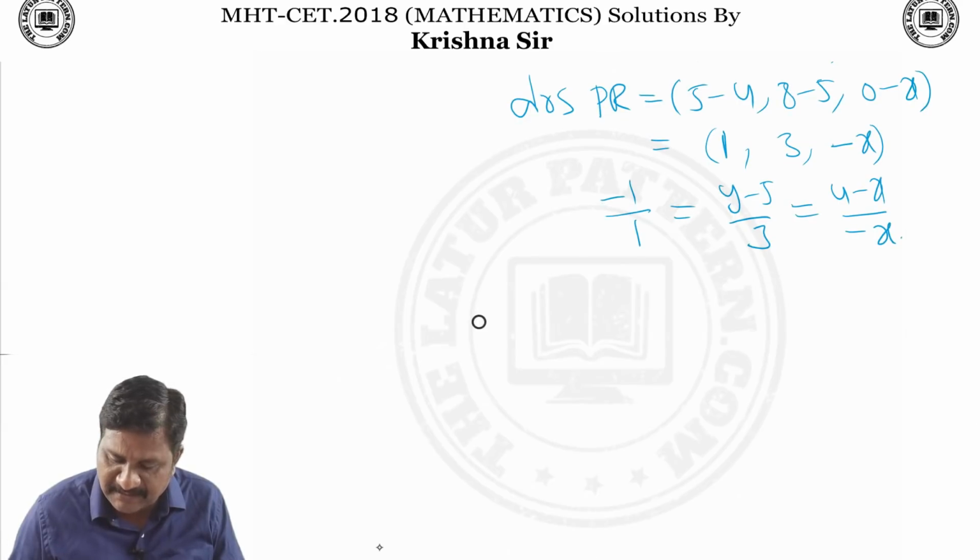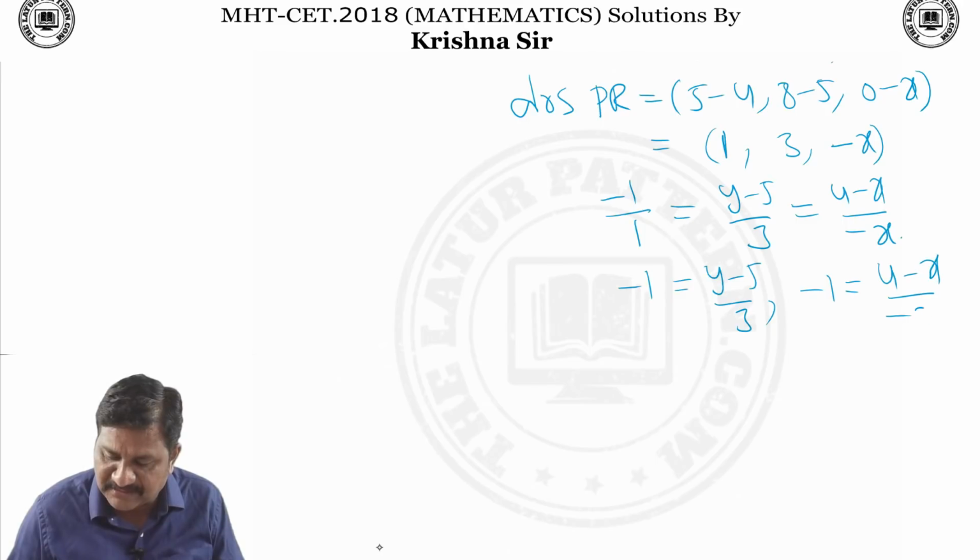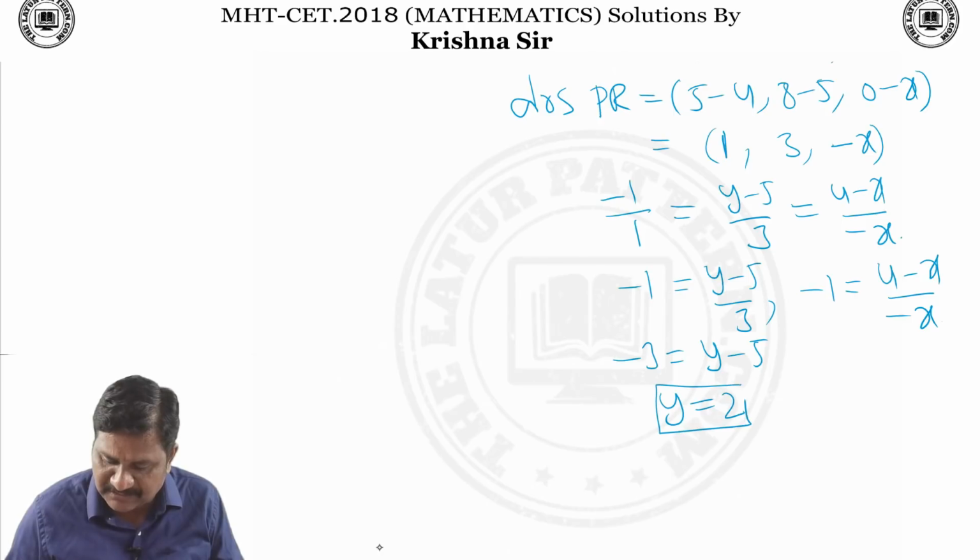Comparing these, minus 1 is equal to y minus 5 upon 3. Similarly, minus 1 is equal to 4 minus x upon minus x. Now minus 3 is equal to y minus 5, or y is equal to 5 minus 3, which is 2.